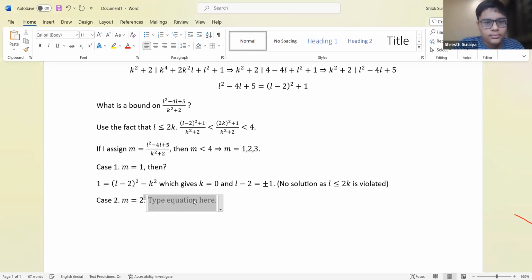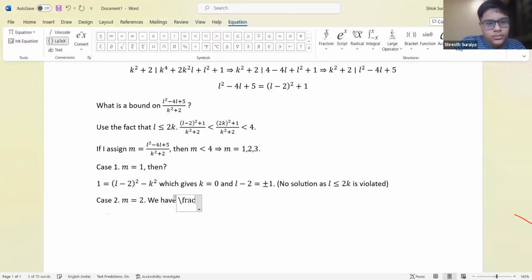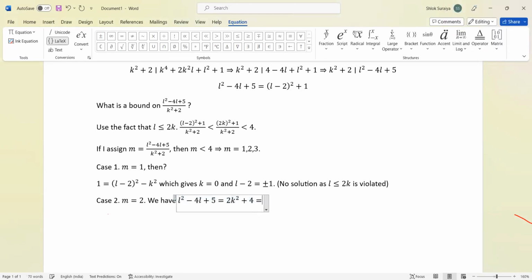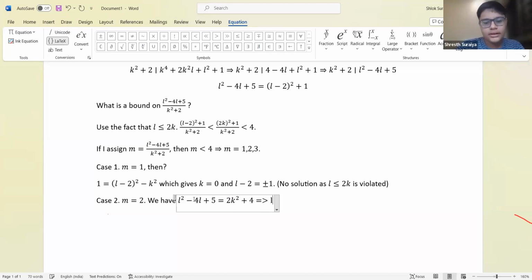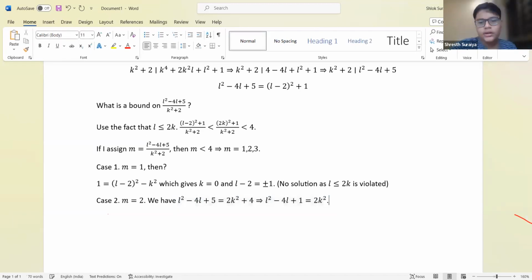So what we get is l squared minus 4l plus 5 equals 2k squared plus 4. Am I audible? Do you have any ideas to finish the proof? This is what you get when m equals 2.